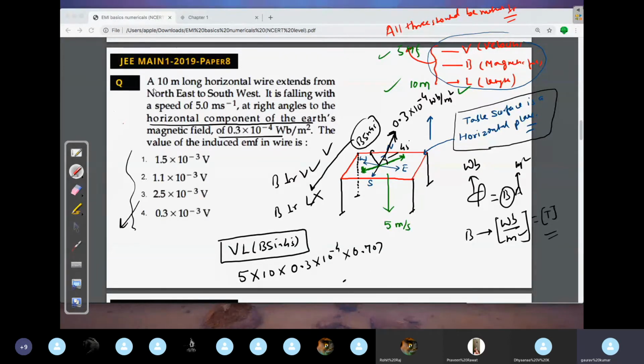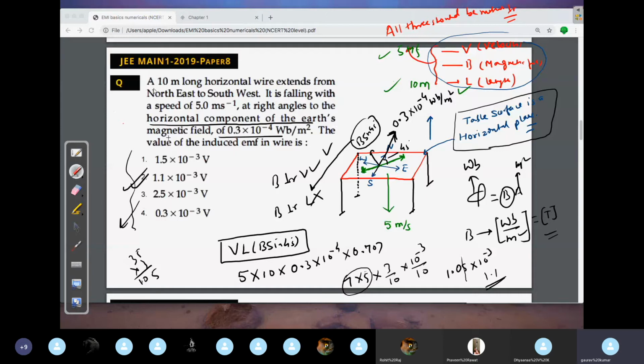We multiply 7 into 3 is 21, then into 5 gives approximately 1.05 into 10 to the power minus 3. If you round off at this point, you can increment and write approximately 1.1 as the answer for the question.